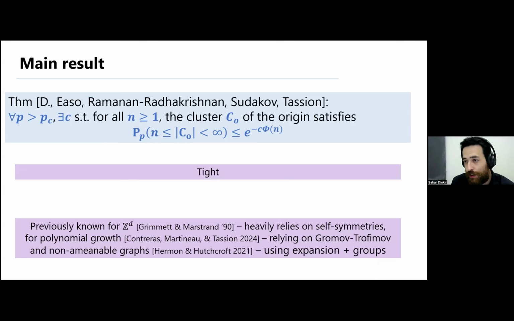And for general graphs, it could be even more chaotic. So it's not something we necessarily understand very well. For certain graphs, we know exactly what it is. For other graphs, we completely don't know, but essentially this is what dictates this probability. It's some feature of the geometry of the underlying graph.